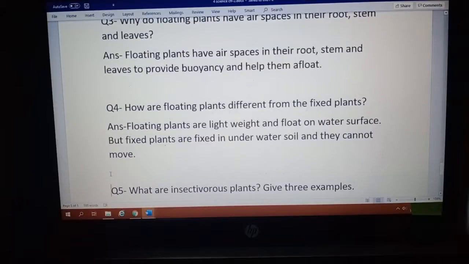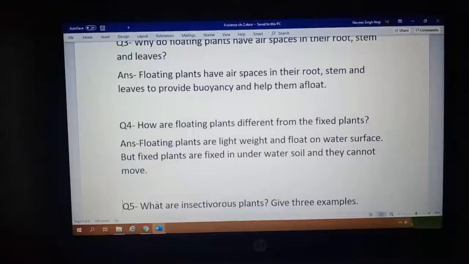Now question number 4, how are floating plants different from the fixed plants? Means what is the difference between these two plants? Already students, I have explained to you the meaning of floating plants along with an example, and the meaning of fixed plants along with an example.